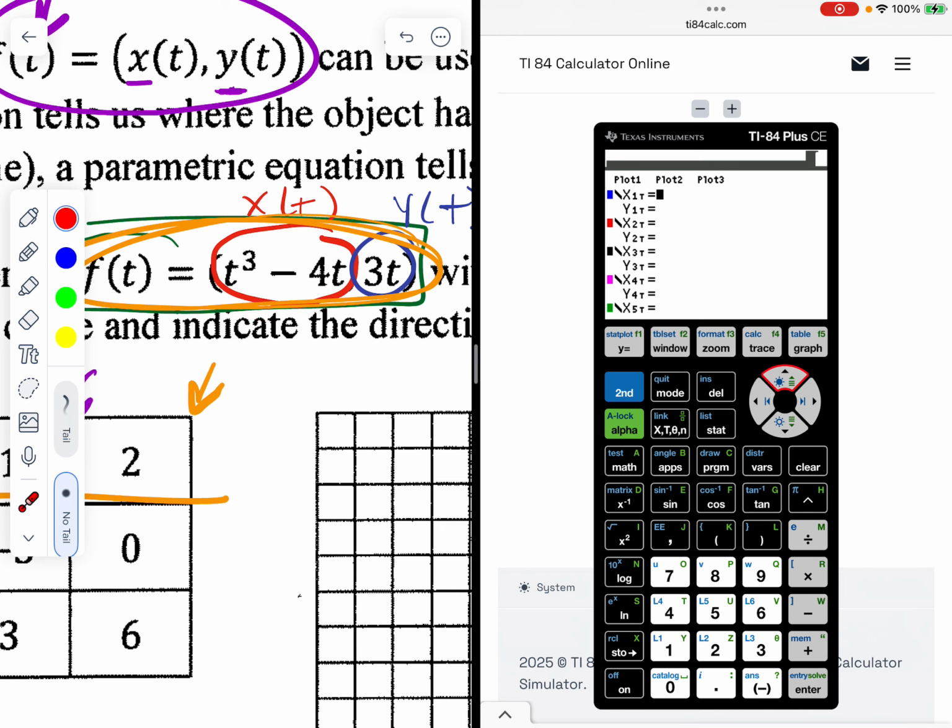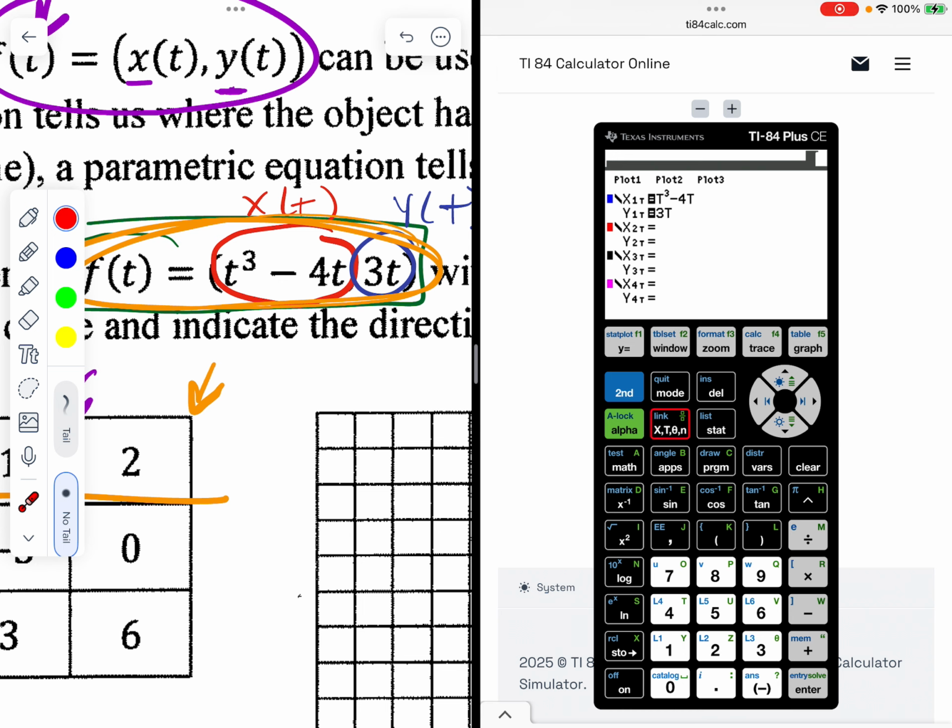So that's what we're going to type in here. We're going to hit the variable key next to your alpha key. Before, it would pull up x for us, but now it pulls up t, okay? So we're going to say t cubed, so you go caret to the third, then hit right to get out of that exponent. Then minus 4t. Click down to get to your y1, and we're going to go 3t.